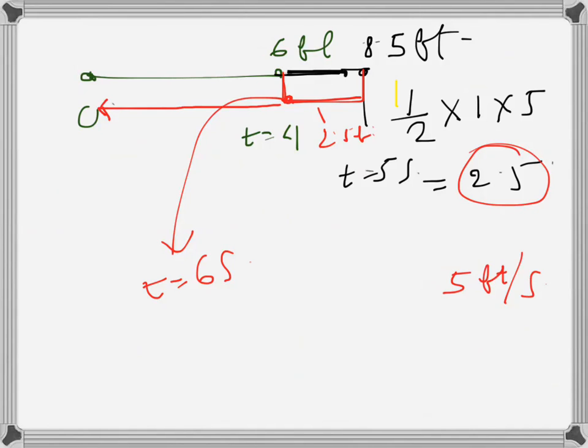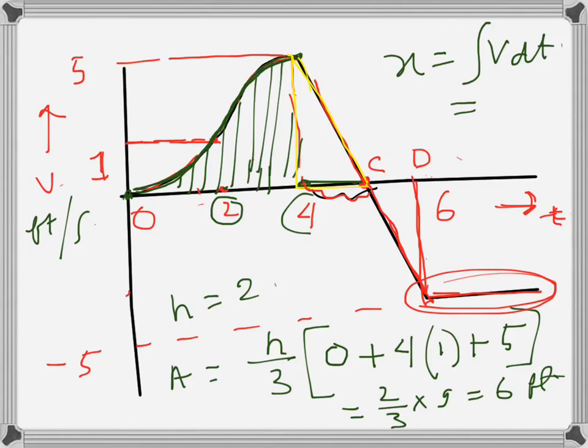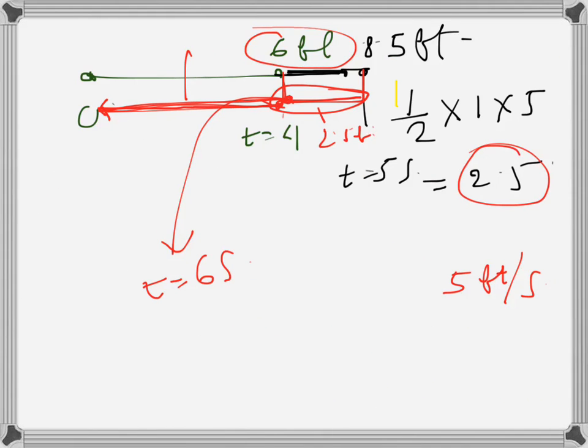The distance it has to travel is, it has already traveled 2.5 feet back, so it has to travel another 6 feet, because from the origin it is still 6 feet away. This is the distance it will have to recover.